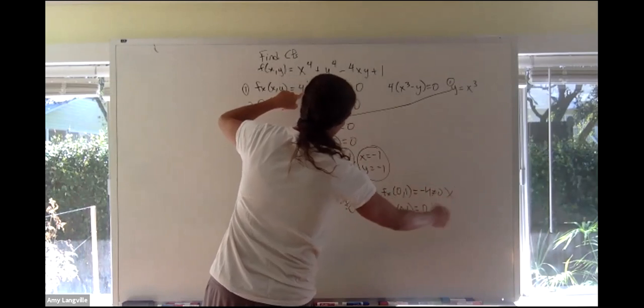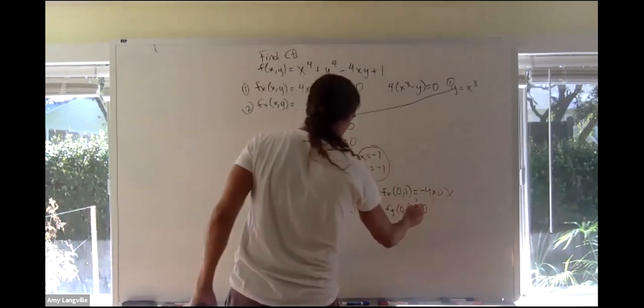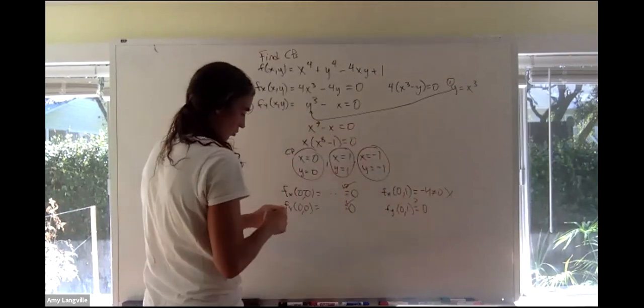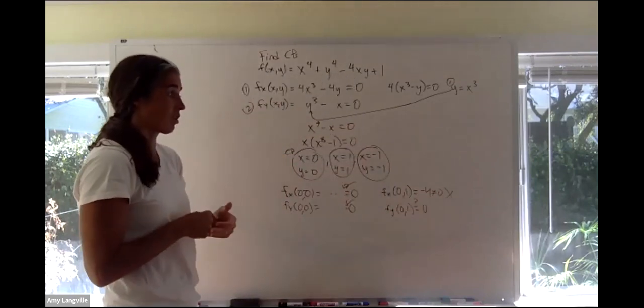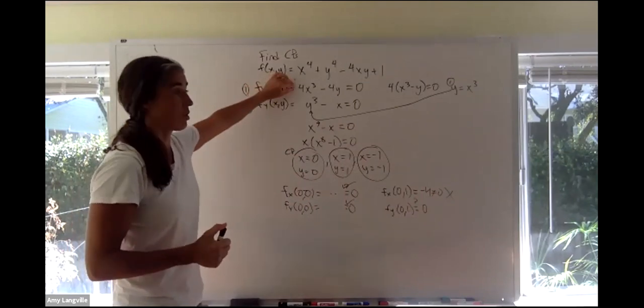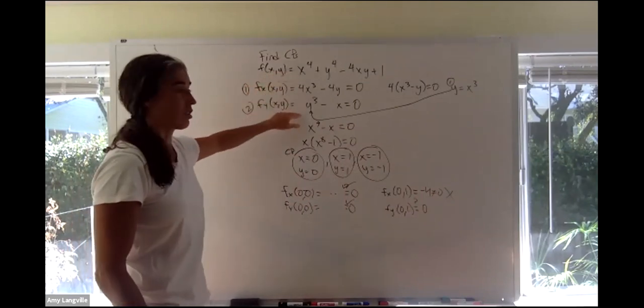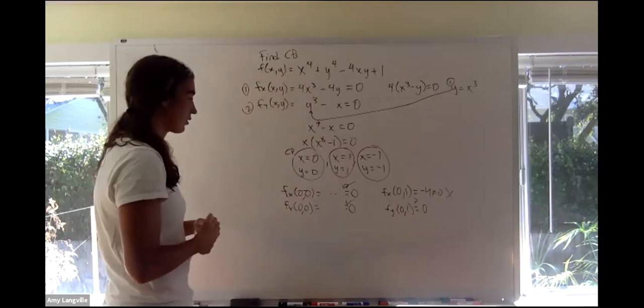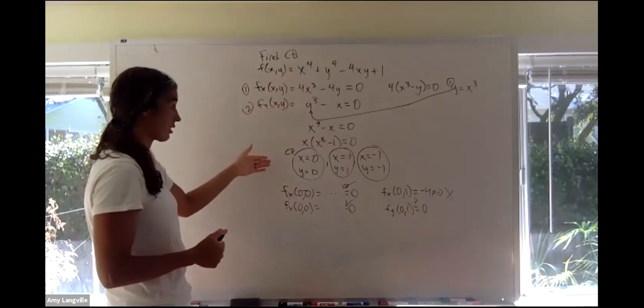So not a CP. I don't even have to check the other one. So you can't mix and match them in this way. There are some instances where you can, because the first equation just gave you some x stuff, the second equation just gave you some y stuff, and then you can make all possible combinations. Doesn't work in this instance.